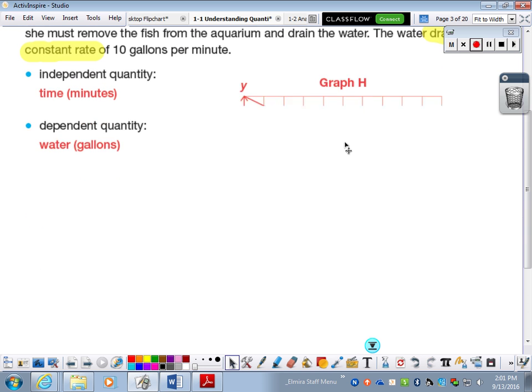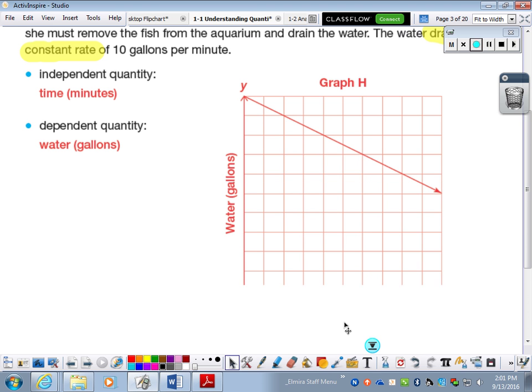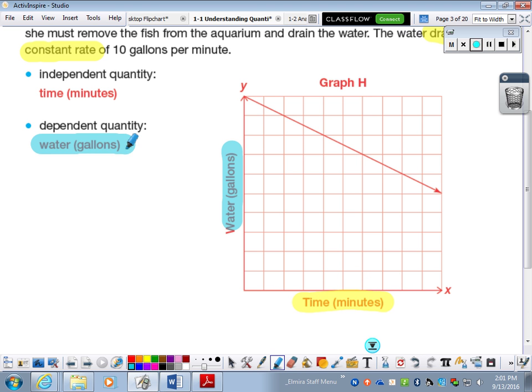So we pasted in graph H. The other thing you're doing is labeling the graph with the independent variable across the bottom, and the dependent variable on the side. So you're just taking these labels here that we already figured out and putting them on the graph.